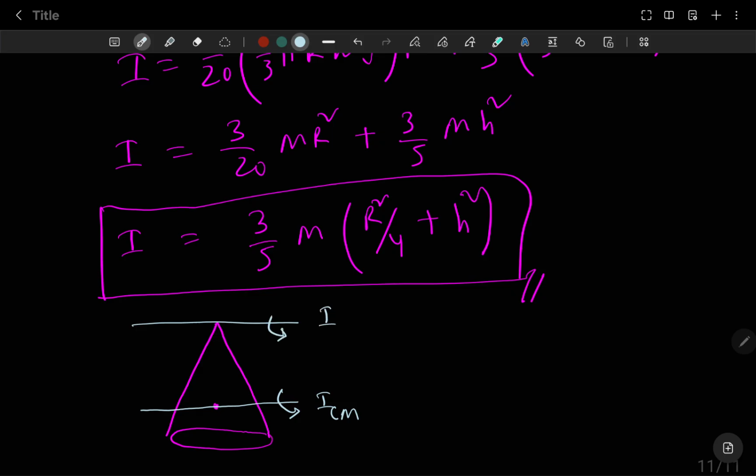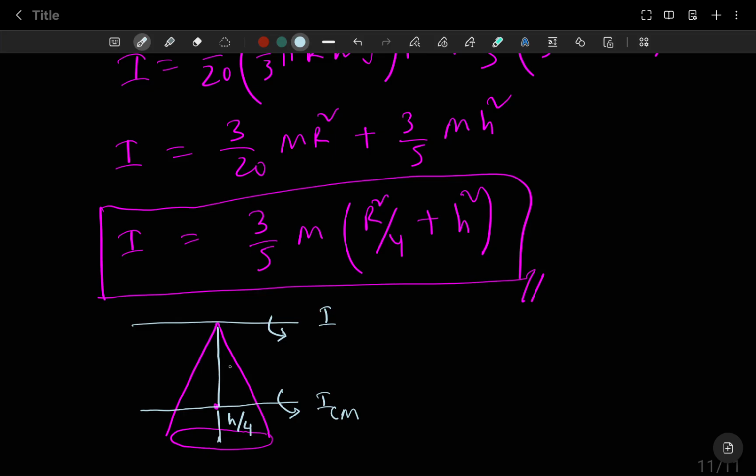Now you know the perpendicular distance. The center of mass for a solid cone lies at a height of h by 4 from the base.